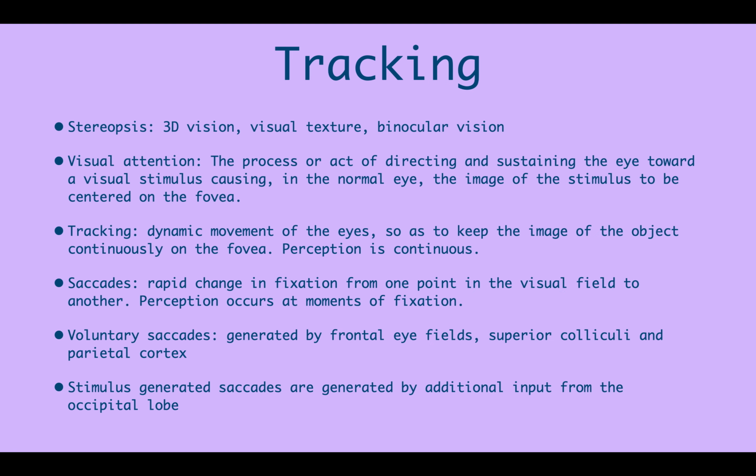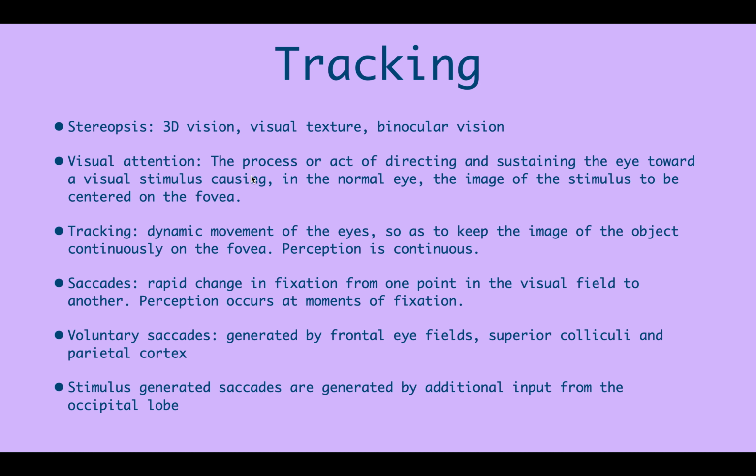Okay, so stereopsis is our ability to maintain depth, because it's a binocular vision phenomenon. So we're able to perceive depth and visual texture because of the minute details, right? Another phenomenon is visual attention.